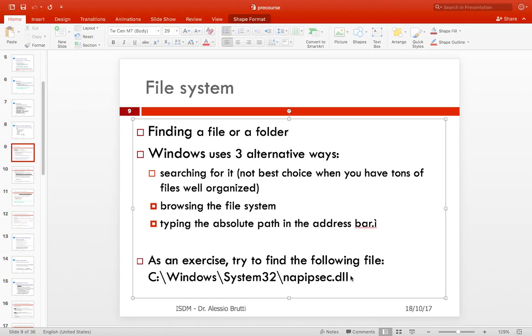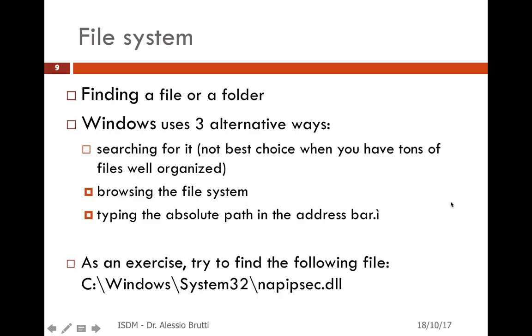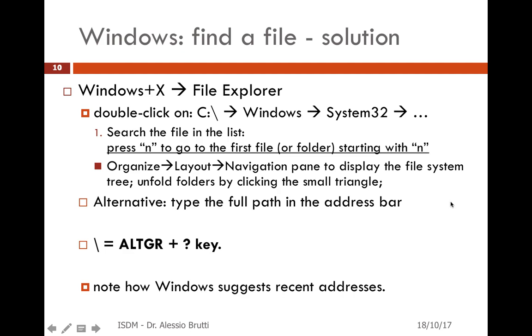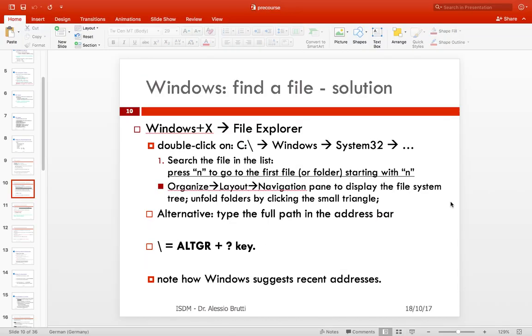Oops, let's go on. Ah, I started the wrong thing. Now something will happen here. Here there is the little exercise on finding a file that we have already done on the Mac. It's the Finder, just to review it.